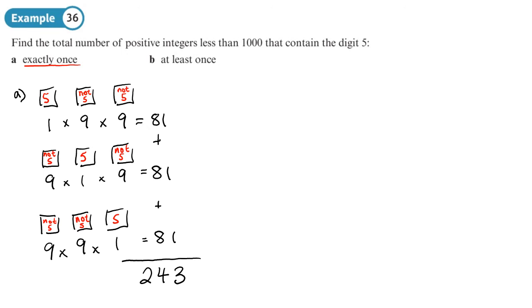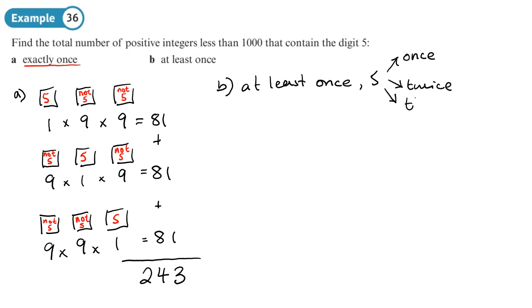Right, now part B, I want to find the total number of positive integers less than 1,000 where the 5 occurs at least once. Now I've done some of the working already. So if it occurs at least once, that means that the 5s could occur either once, twice, or 3 times, thrice.